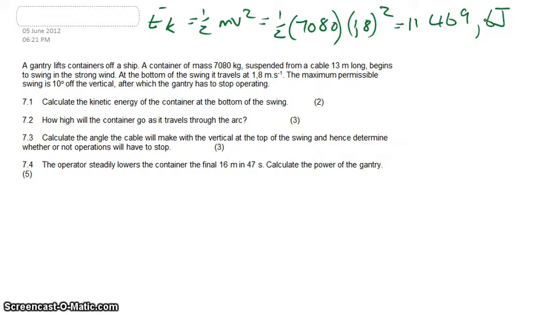We now need to work out whether it's going to swing too far and whether we're going to have to close operations. So if you think of the swing of this thing, it swings like that to the side. It's on a rope that's 13 meters long, so each of these lengths is 13.